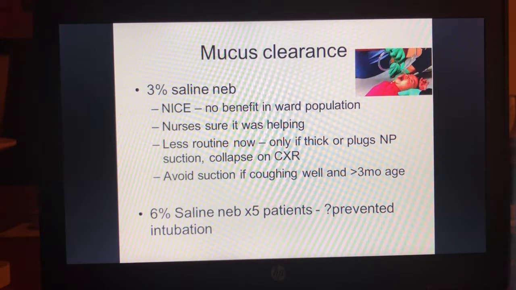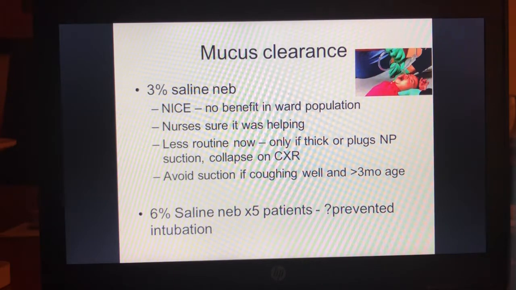So although it's now less routine than when we first started it, in that we only use it if thick or plugs of mucus are noticed on nasopharyngeal suction, or if there are radiological changes of significant collapse.